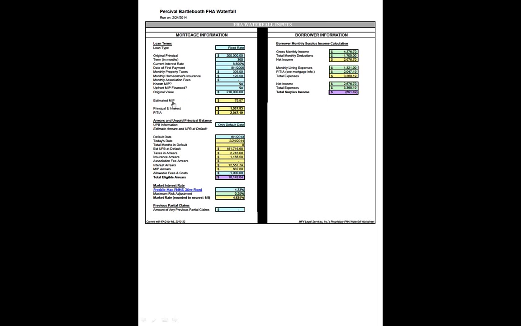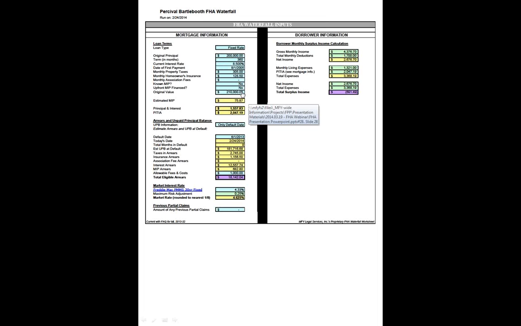But if it's not known, you can answer a few questions. There are two types of MIP. There's an annual MIP, which is paid monthly, and then there's an upfront MIP, which can either be paid at the closing in cash, or it can be financed into the mortgage.